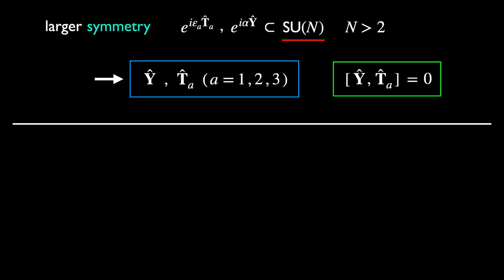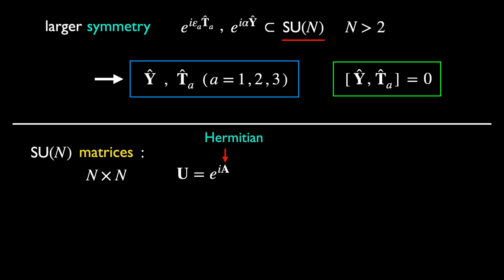Let's recall some of the important properties of the SU(N) matrices, which this symmetry group is based on. All N by N unitary matrices that are continuously connected to the identity can be expressed in such an exponential form, where A is a Hermitian matrix.